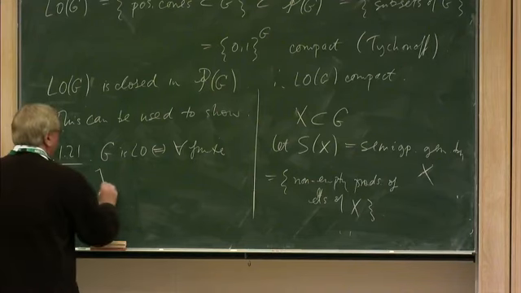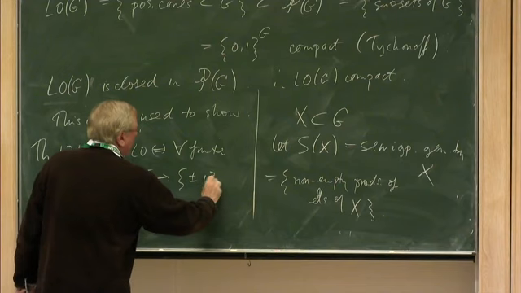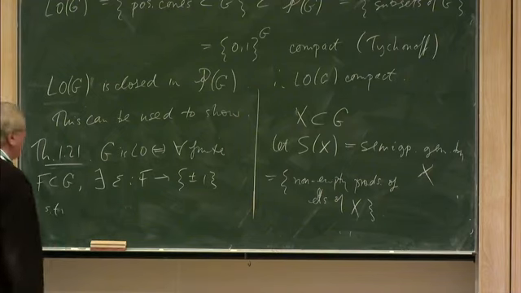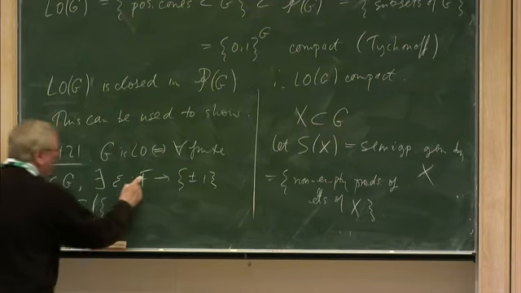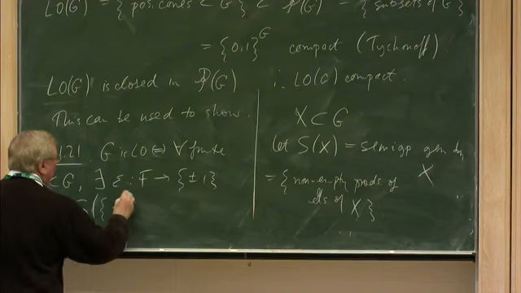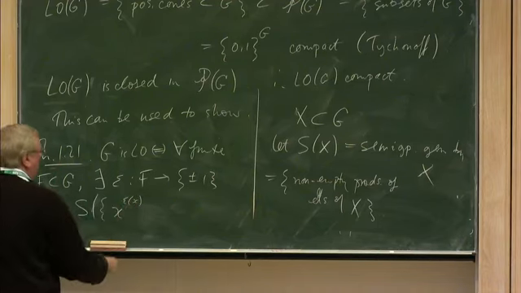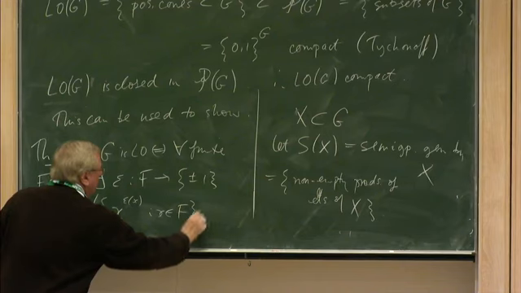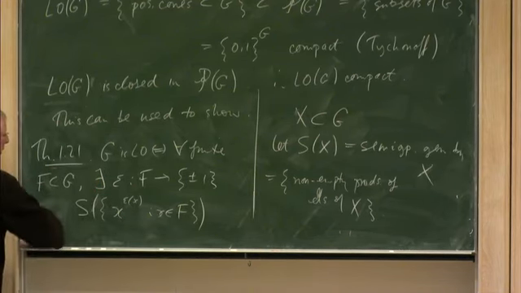So there exists a function epsilon from F to plus or minus 1 such that if I look at the semigroup generated by the elements x to the epsilon of x, for x in F, this does not contain the identity. I never get the identity.